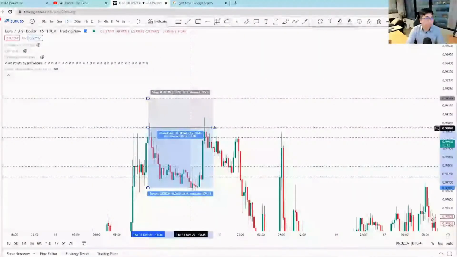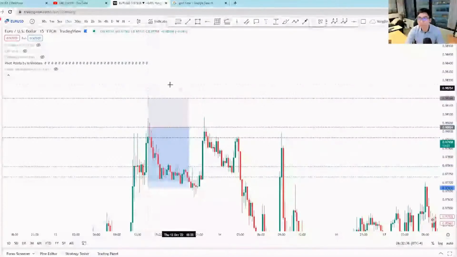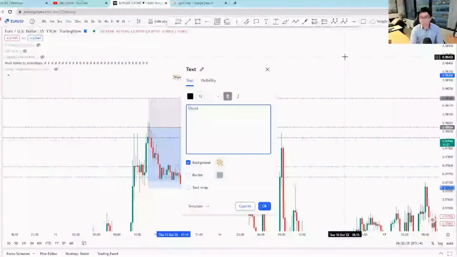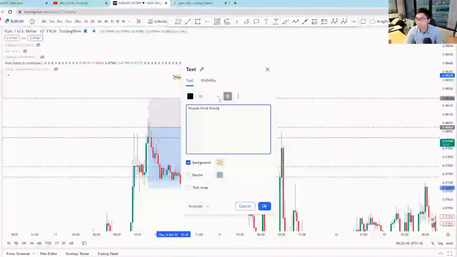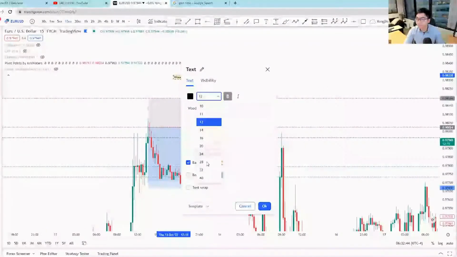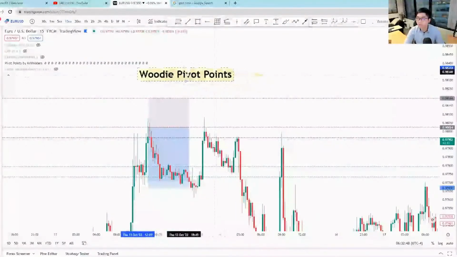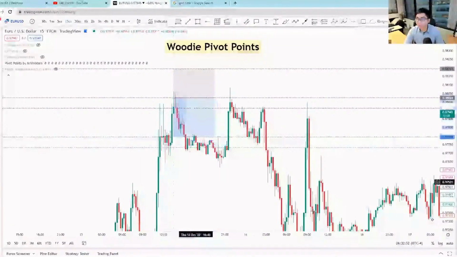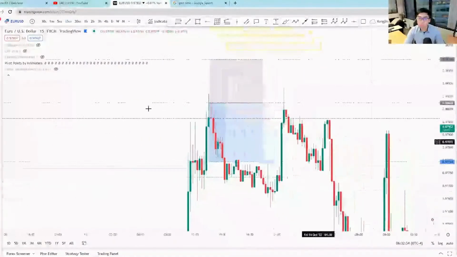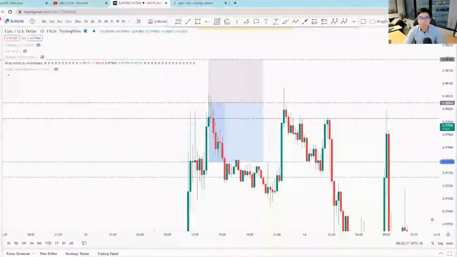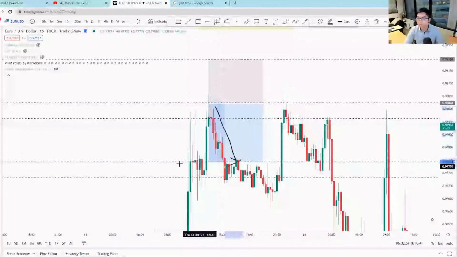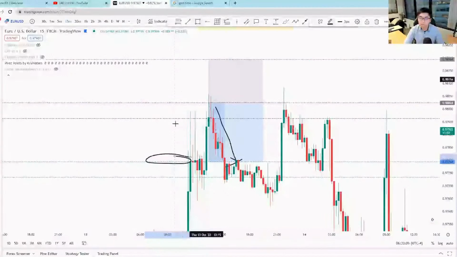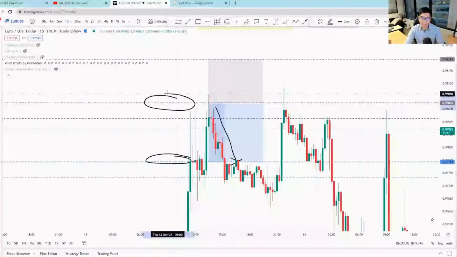This is using the Woody's pivot points. Make it larger a bit. Okay, 40. Okay, Woody pivot points as usual. 1-to-1 risk to reward. So you're just trading zone to zone, just like a Fibonacci. Zone to zone. The first support and the first resistance.